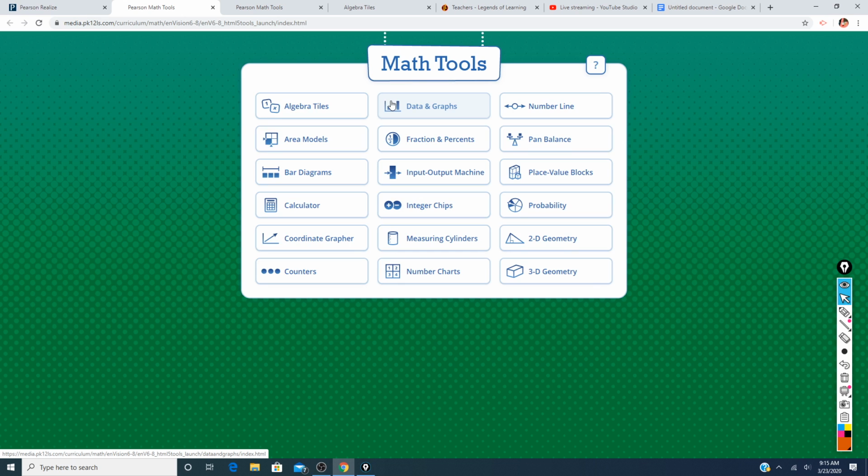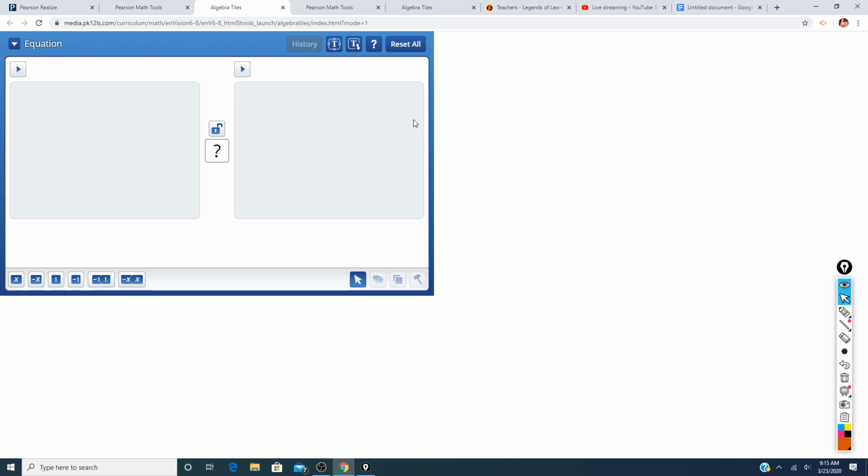When you click Math Tools, you're going to click Algebra Tiles. When you select Algebra Tiles, you want to select Equation. If you heard my little part from before, I want to kind of reintroduce this.